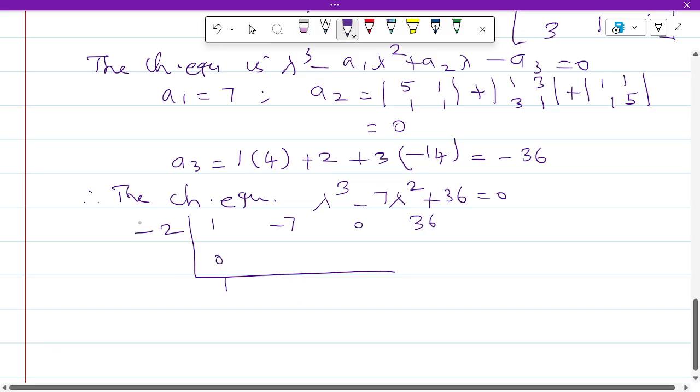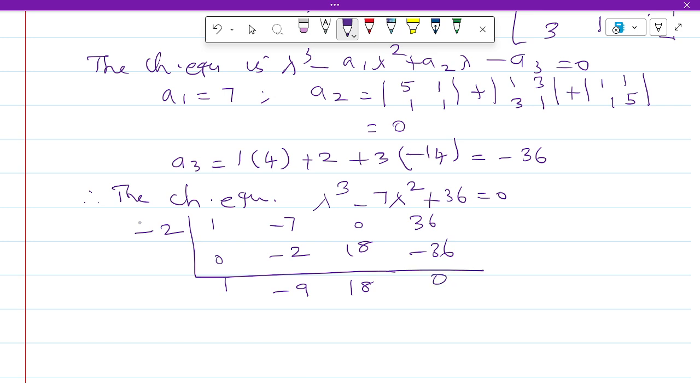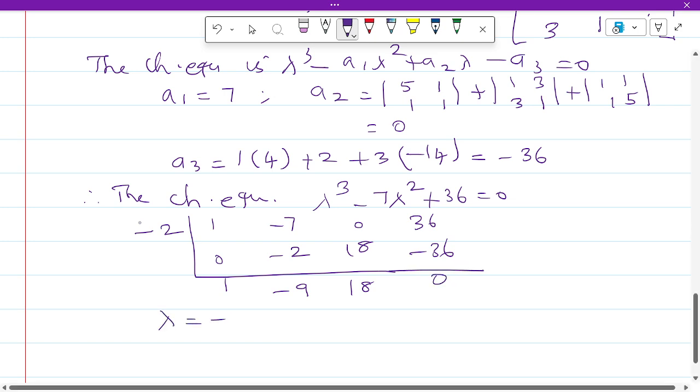Minus 2: 1, minus 2, minus 9, 18, then 18 here, minus 36, 0. So lambda equal to minus 2, and if you solve the rest, you will get 3 and 6 as the roots.